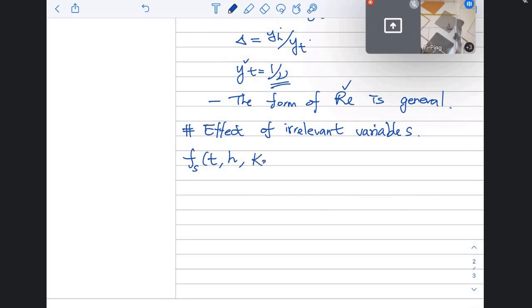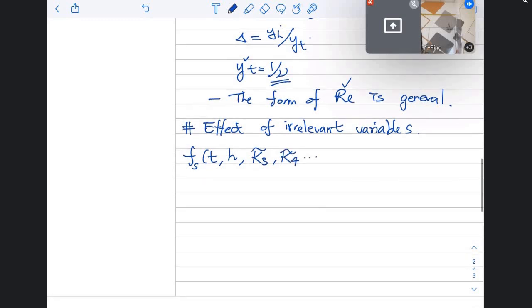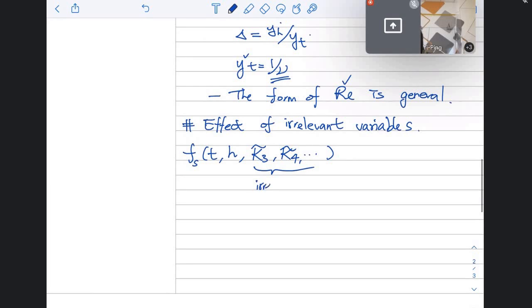We might have some other couplings, K3, K4, etc., and those are the irrelevant variables. When we do the RG transformation, a scaling factor L pops up in the free energy expression.